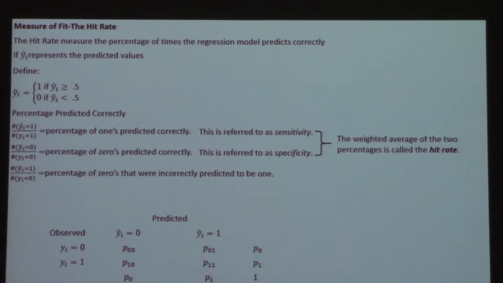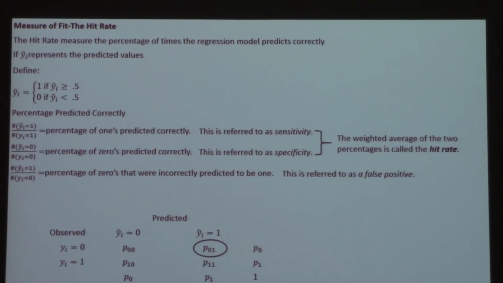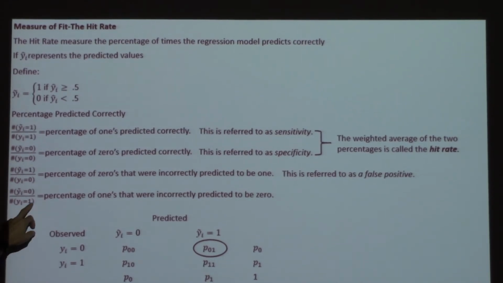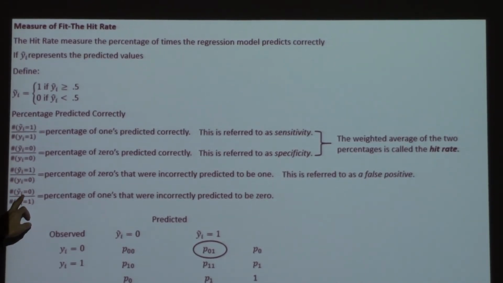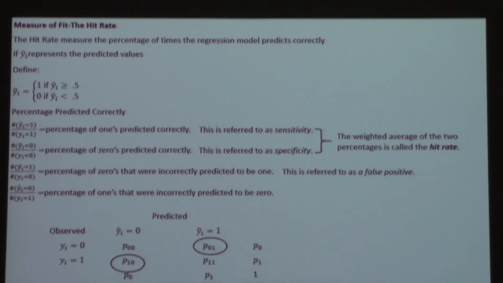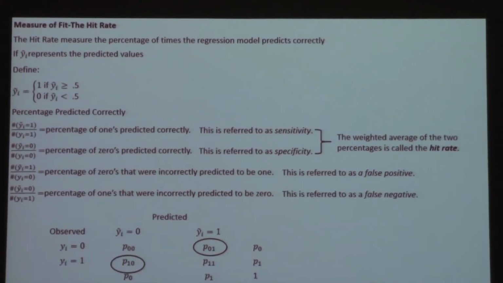So these are false positives. We're predicting that this person buys if they don't buy. This is the opposite. These are ones, so people that actually bought, but they were predicted to not buy. And these are false negatives.